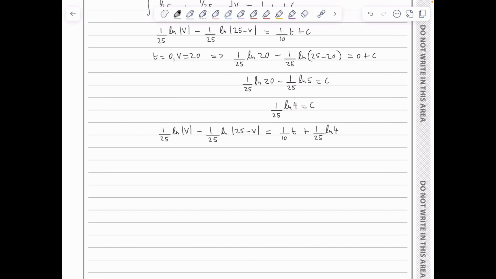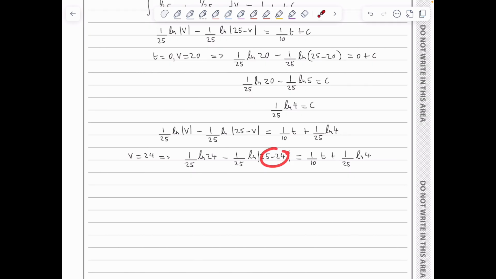So when v is equal to 24, we're looking at 1/25 ln 24 minus 1/25 ln(25 minus 24) equal to 1/10 t plus 1/25 ln 4.